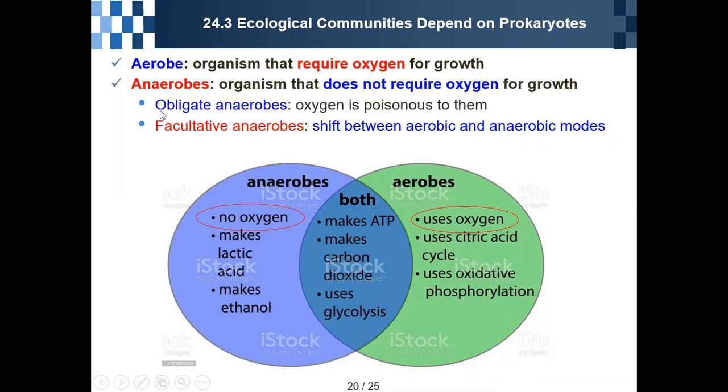There are also obligate anaerobes, for which oxygen is poisonous, but most are facultative anaerobes. They shift between aerobic and anaerobic mode. If they have oxygen, they become aerobes; if they don't, they become anaerobes. Most anaerobes belong to the facultative anaerobes.